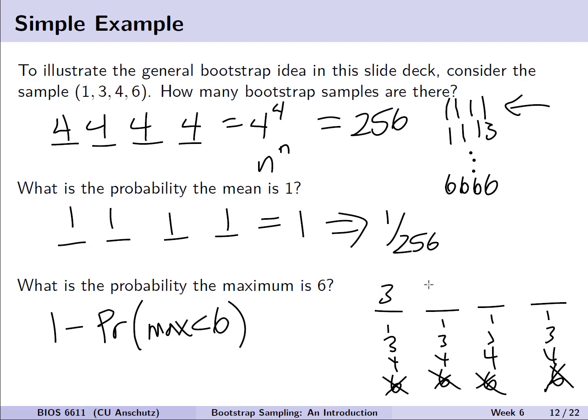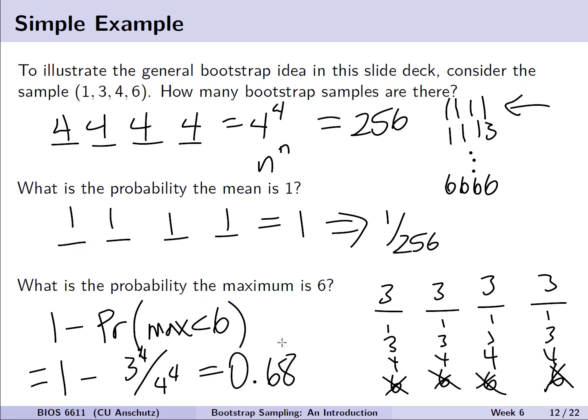So what we see here is that we have 3 times 3 times 3 times 3 possible choices, or we can say 1 minus 3 to the 4, divided by 4 to the 4, our 256. Which if we write out, we should get approximately a 68% chance that the max value will be 6.